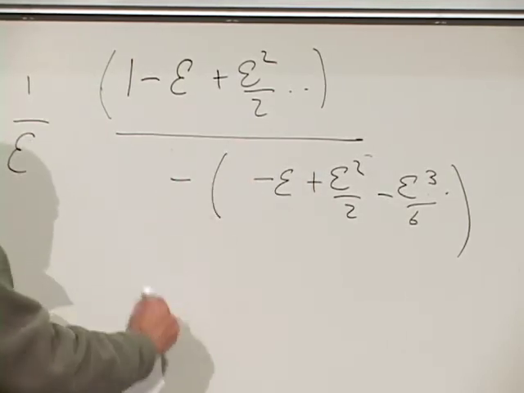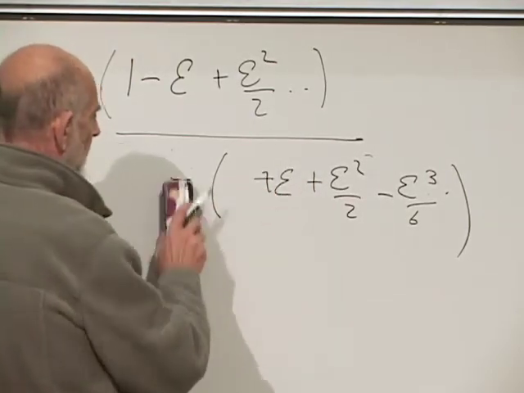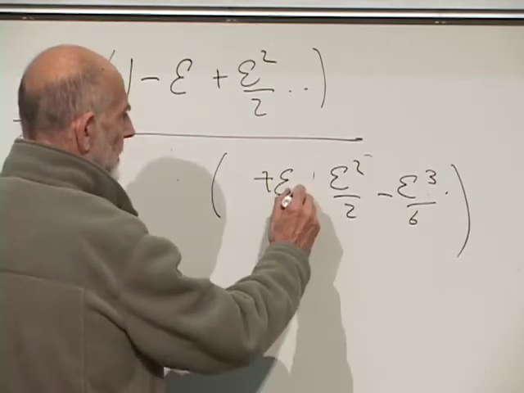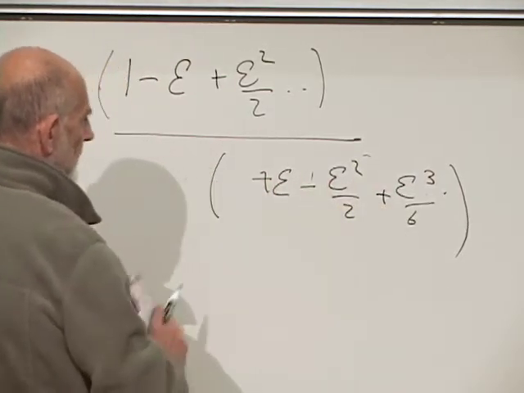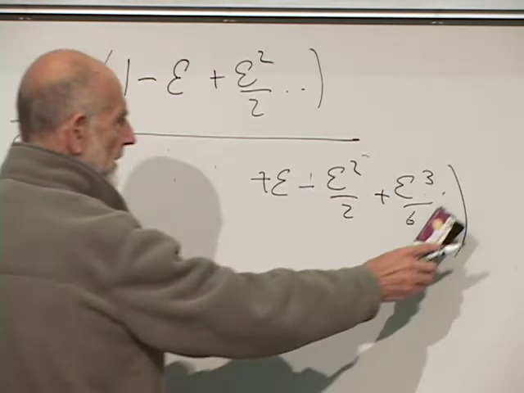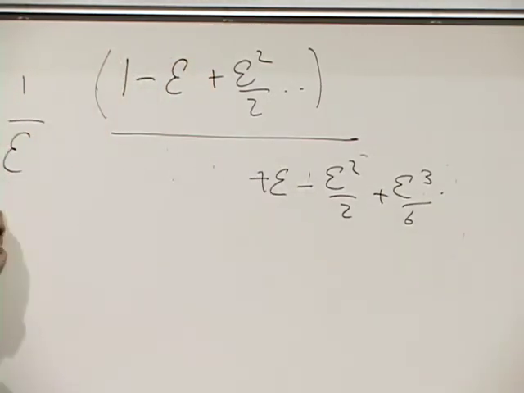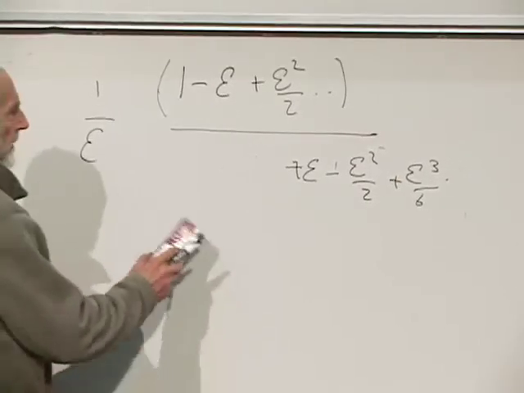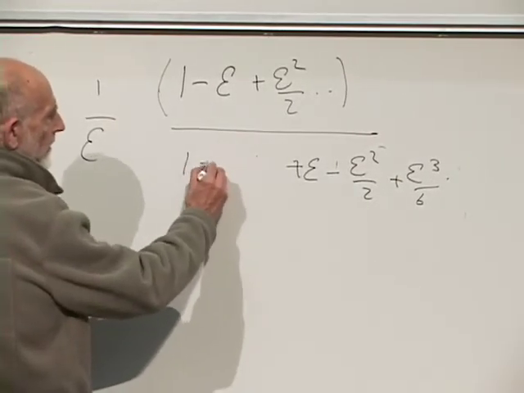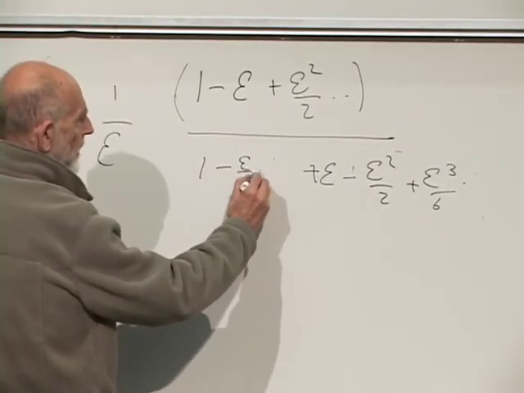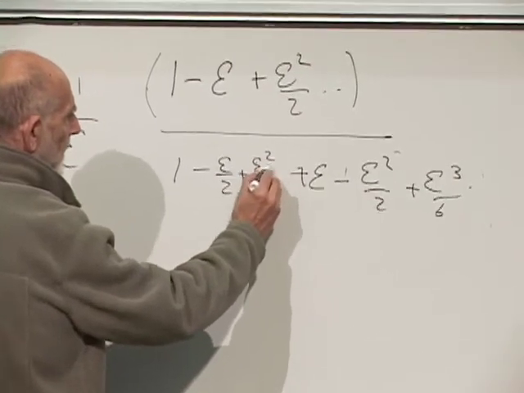And the minus times the minus will make plus, minus, plus. Then we pull out a factor of epsilon, and that turns this into 1 minus epsilon over 2 plus epsilon squared over 6.